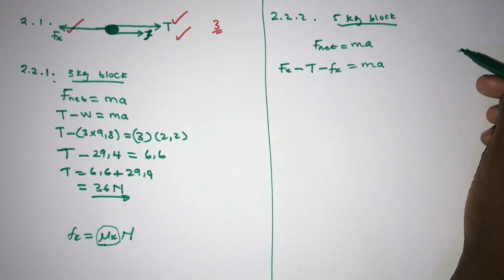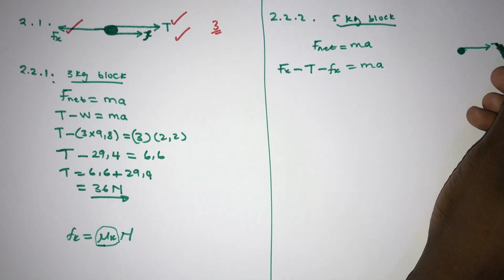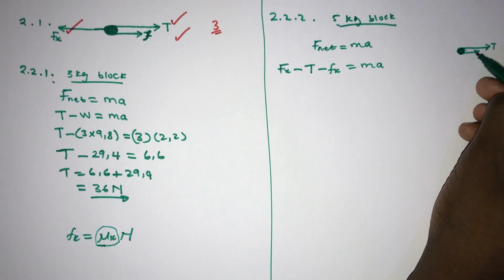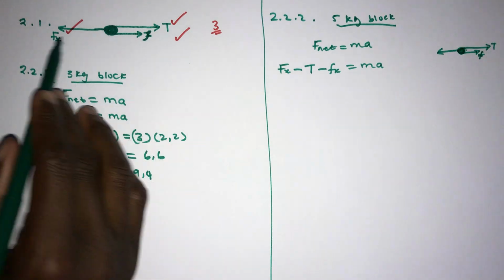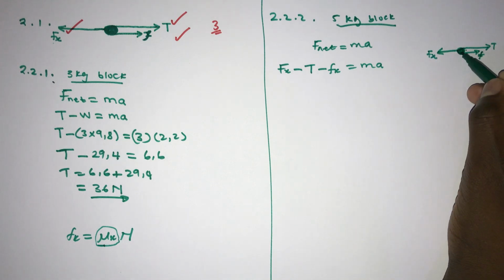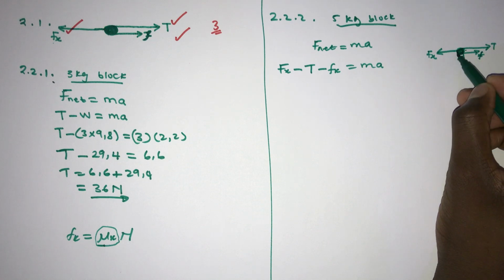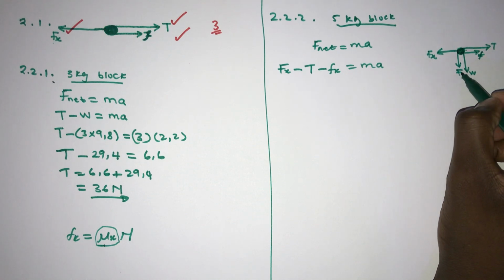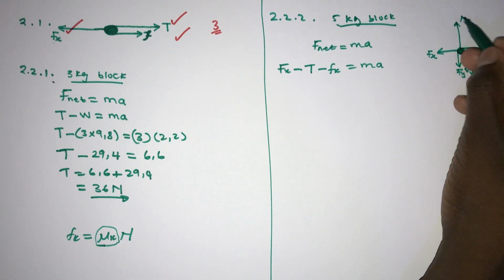So let me draw the free body diagram again here. So we have the tension going in that direction and the friction going in that direction, and then Fx, this is our Fx, and then there is weight going down, also Fy going down, and the normal force perpendicular to the surface.